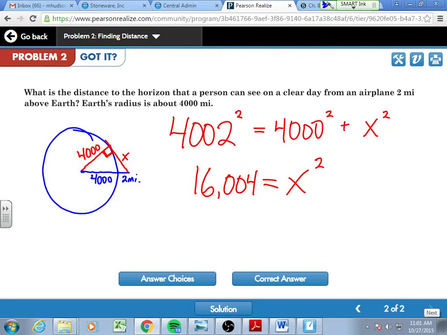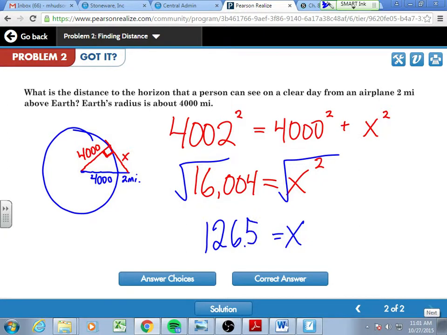How do we evaluate this then? Square root. It's going to be approximately 127 miles. That's what you got? Approximately. Yep. 126.5 miles. Or if you round, it'd be about 127 miles.